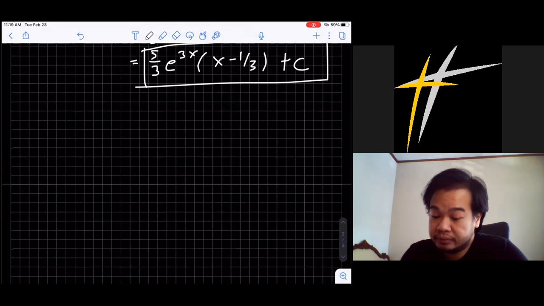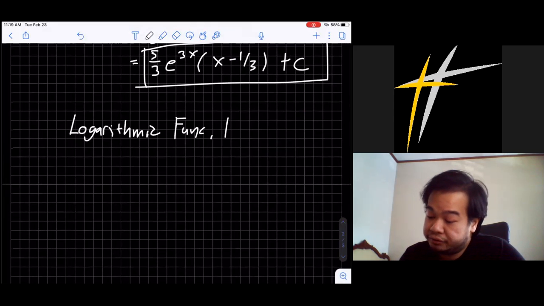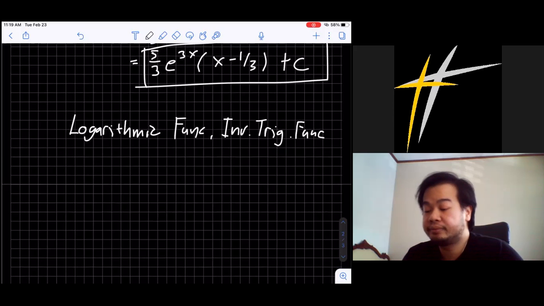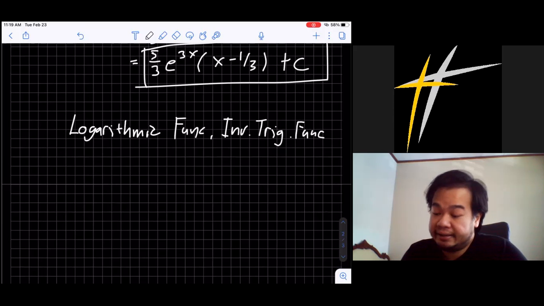So the first one is logarithmic function and inverse trigonometric function. Okay. And then the second one is a polynomial.